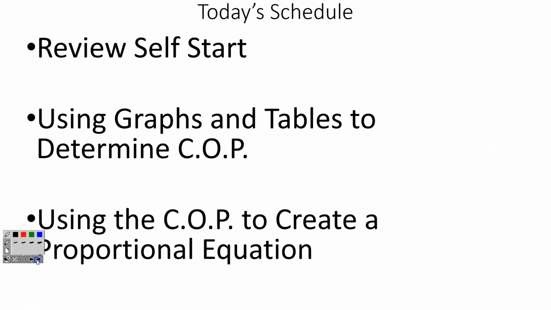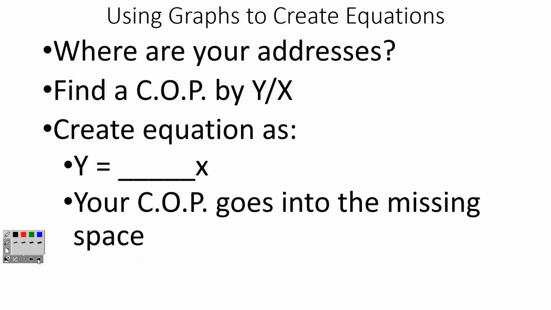So for today, we've done the self-start. We're going to use graphs and tables to determine COP, which we've kind of done already. And we're going to use the COP to create a proportional equation. The best thing to do when it comes to graphs is look for your addresses.